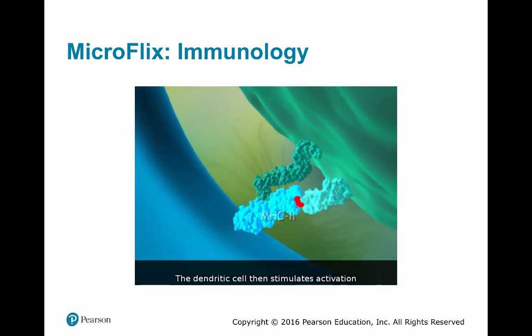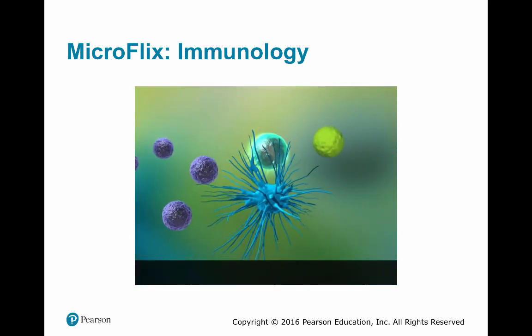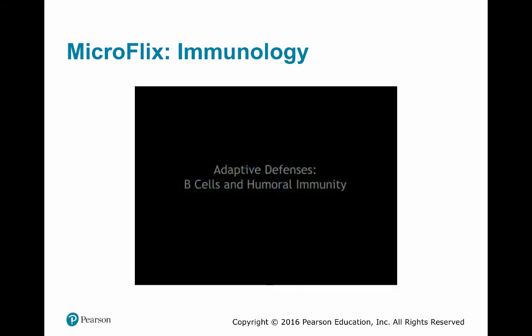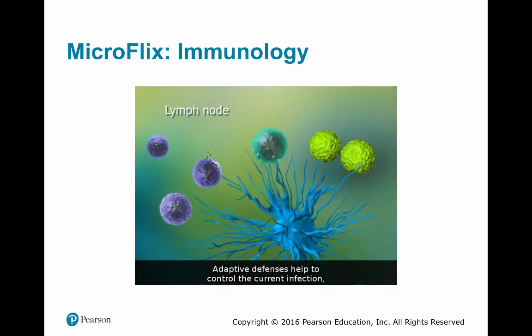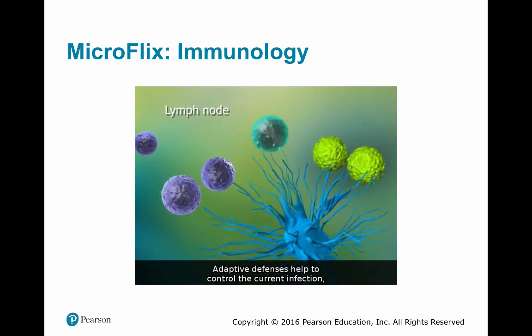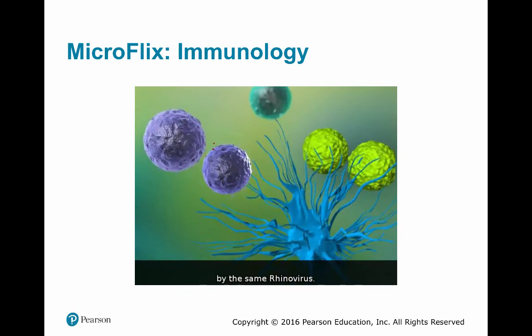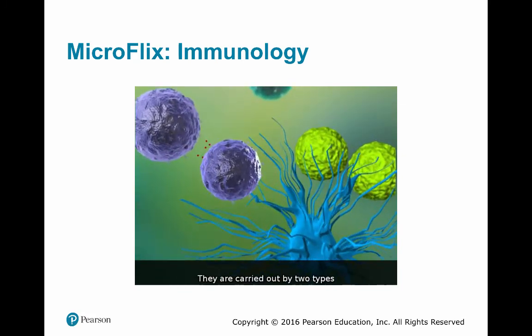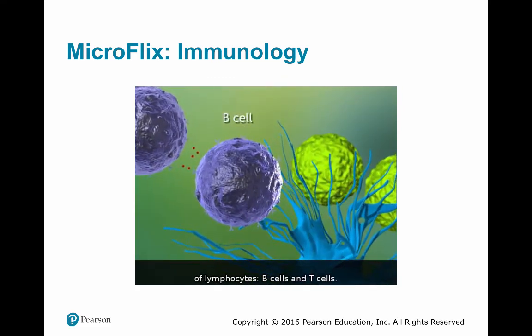The dendritic cell then stimulates activation of this helper T cell. Adaptive defenses help to control the current infection, but also provide immunity against future infections by the same rhinovirus. They are carried out by two types of lymphocytes, B cells and T cells.